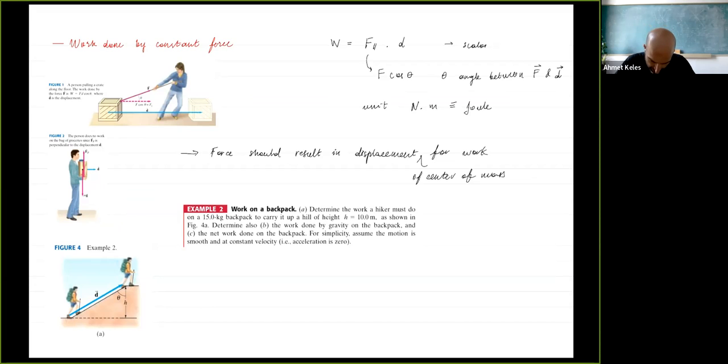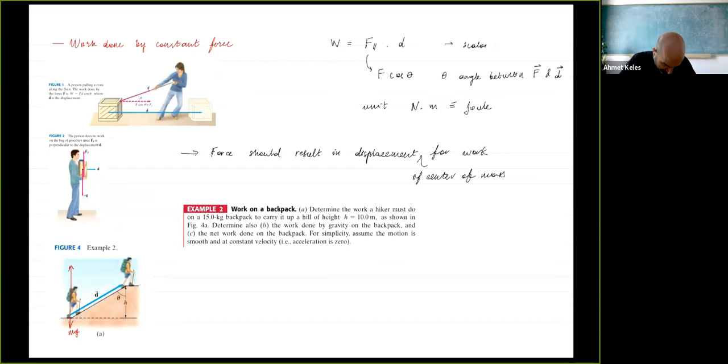So maybe I can draw the free body diagram. There's this hiker, and we are interested in the backpack. There's some gravitational force, let's call this G, and the hiker is lifting it up.